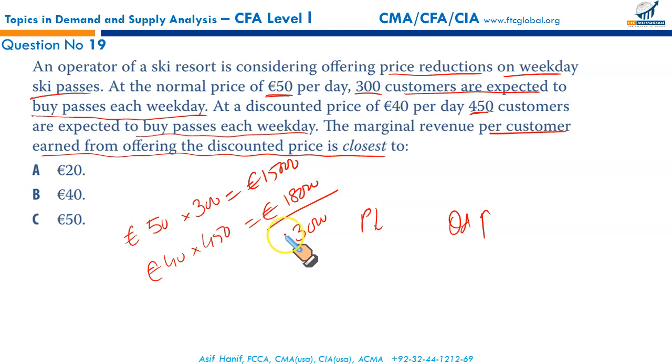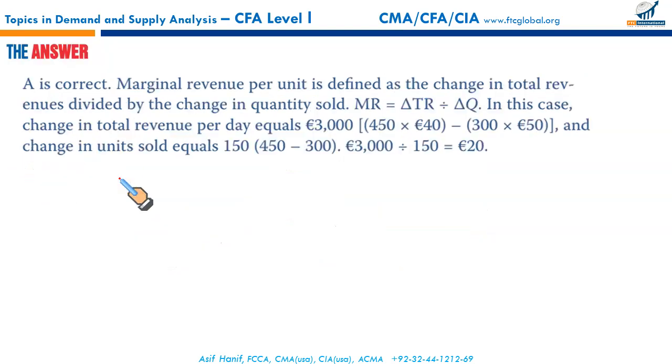And this difference has been caused by how many units? 300 and 450. The difference in units is 150. So dividing 3,000 euros by 150 additional units, that would be 20. So your marginal revenue per customer is €20. So that makes A the correct option.